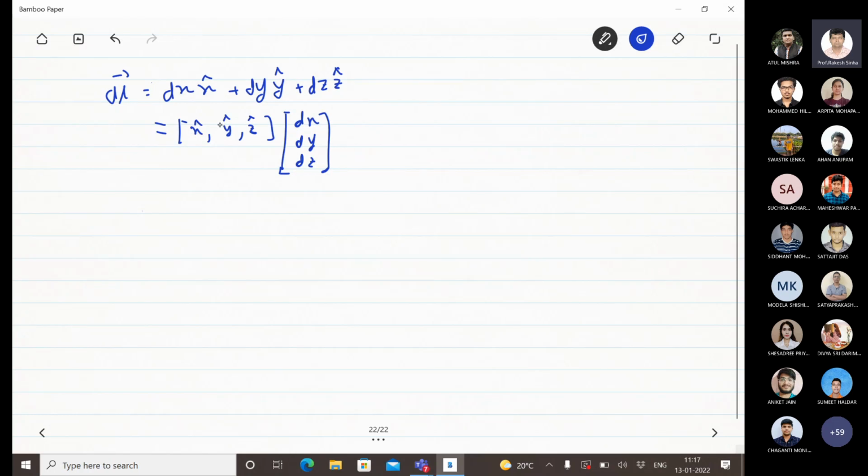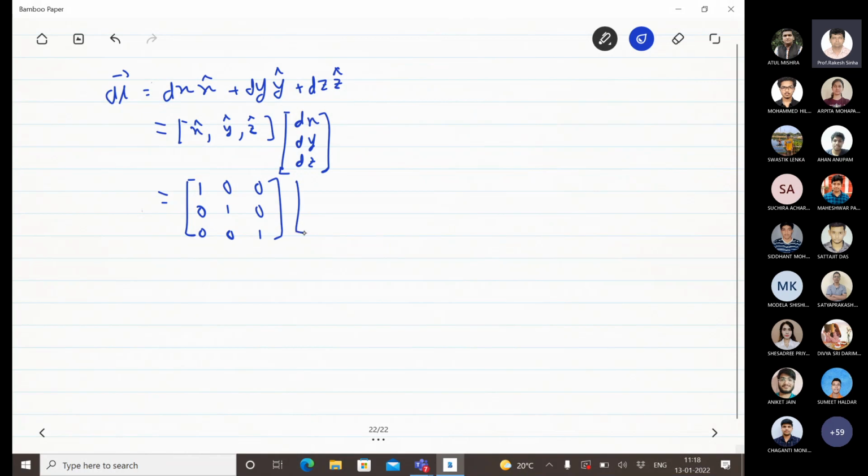And what does x, y, and z mean here? In our Cartesian coordinate system, x is the 1, 0, 0 vector, y is the 0, 1, 0 vector, and z is the 0, 0, 1 vector.